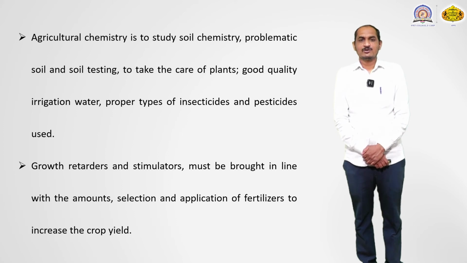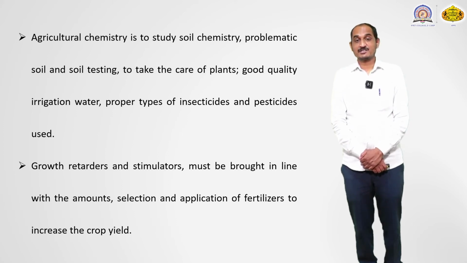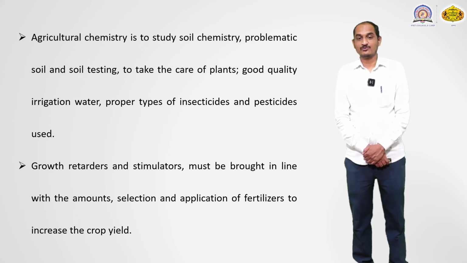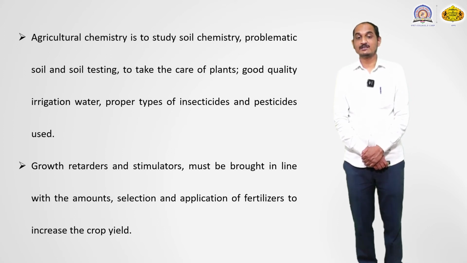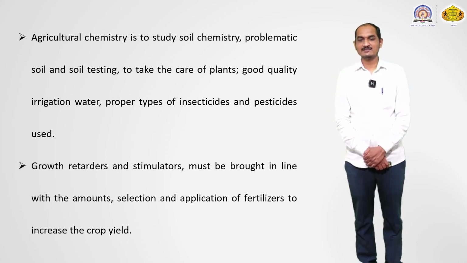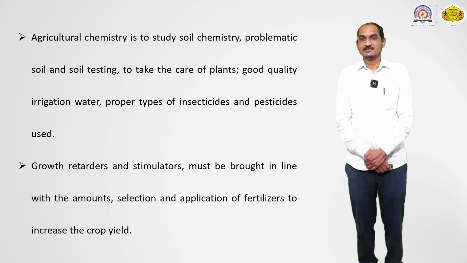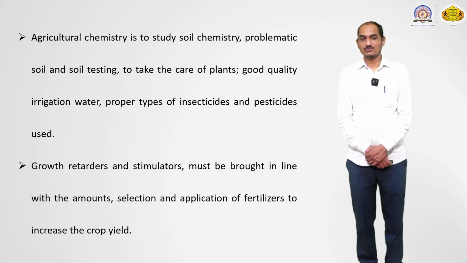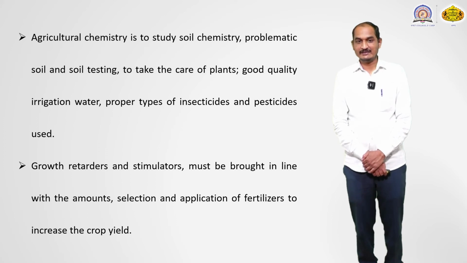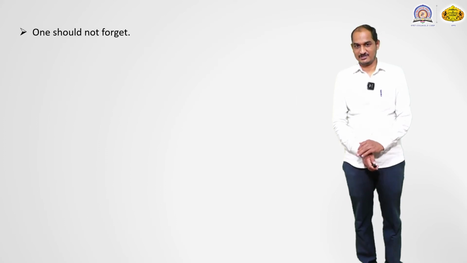So when we study agricultural chemistry, we must know about the different types of stimulators, growth retarders and chemicals, and how much amount is used in the different types of soil. Also, which type of fertilizer is applied, and the selection of that fertilizer, is most important to increase the crop yield, and all these studies are included in agricultural chemistry.